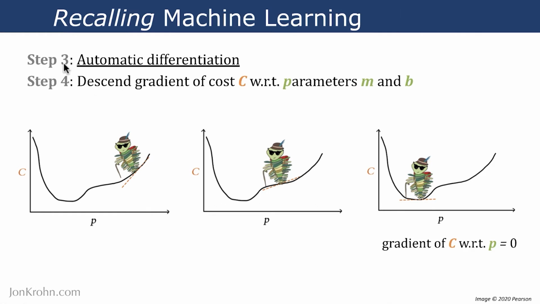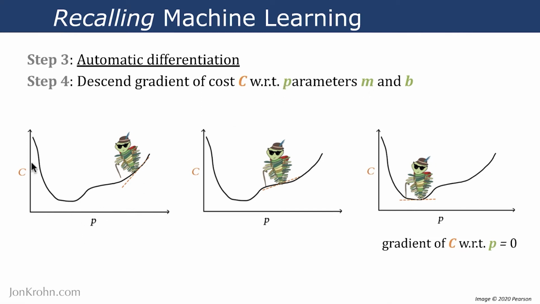So in this step 3, previously relying on automatic differentiation, pretty soon in this series, we're going to be able to derive this gradient by hand. And the gradient looks something like this. So for any given model parameter, in our very simple linear regression we only have two parameters, m and b, we could call either of those parameters p.